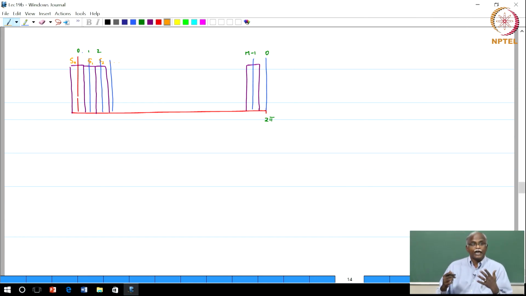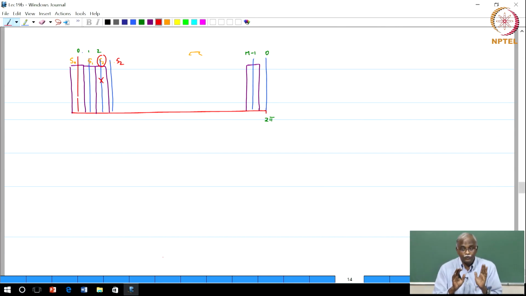Now, the advantages of OFDM become very powerful if one particular channel is not good. Let us say this channel was not good, for some reason it had either interference or a lot of noise power. You can choose not to transmit anything on that. In other words, you can transmit S2 on the next carrier. So, that is point number 1. You can choose to omit certain carriers which are undesirable.